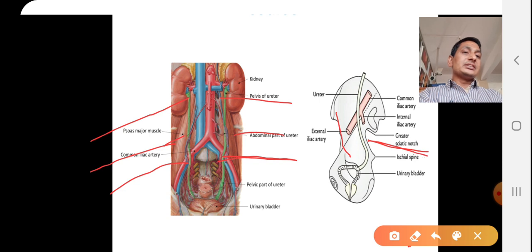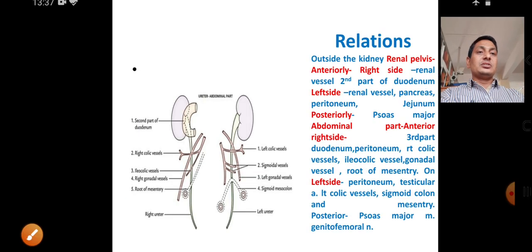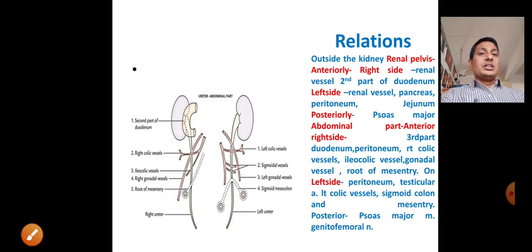This is the greater sciatic notch. This is the course of the ureter. Now, the relations of the ureter are divided into four parts: the renal pelvis, then the abdominal part, the pelvic part and the intravesical part.